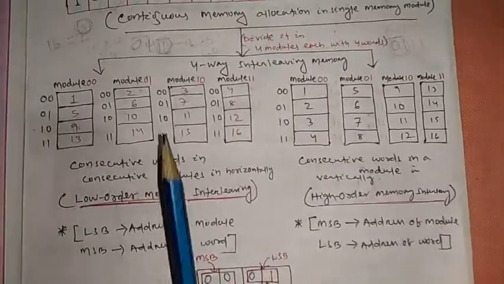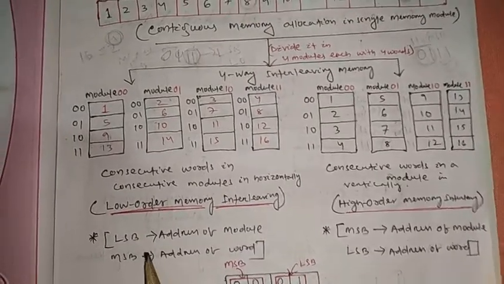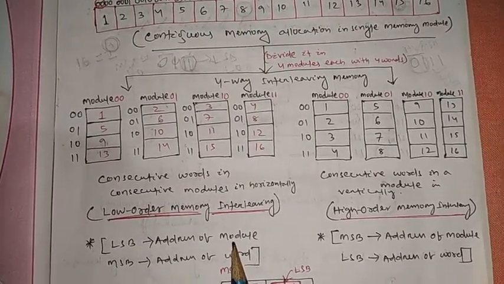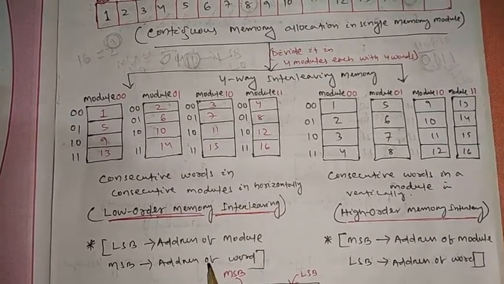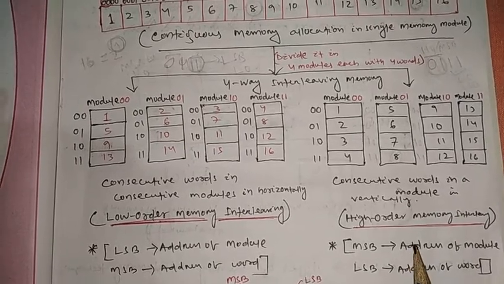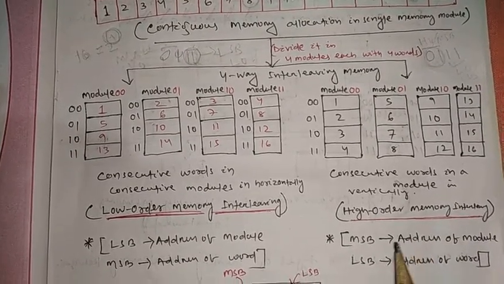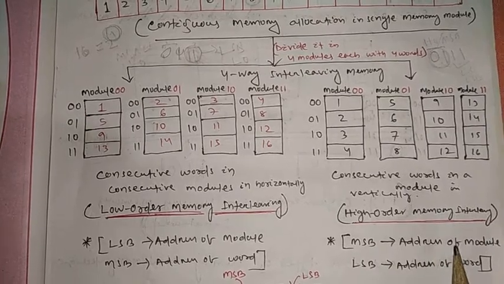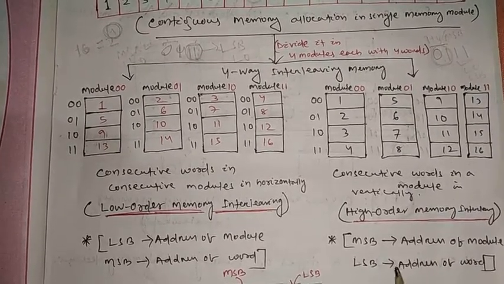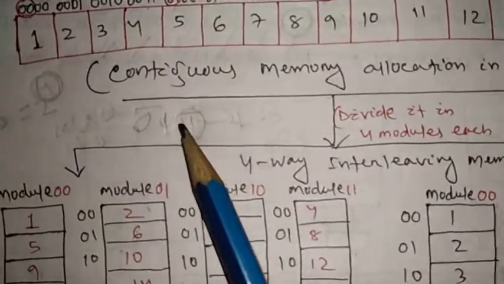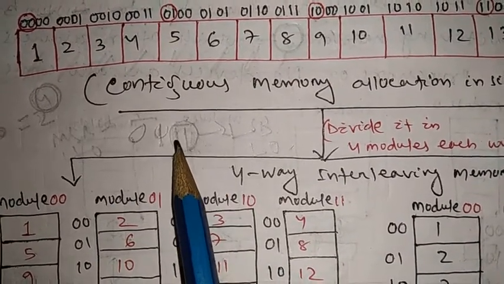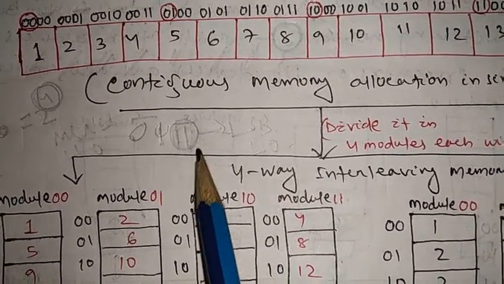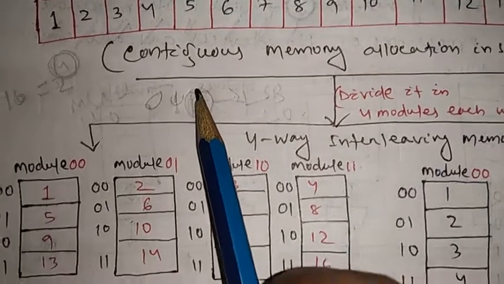In low order memory interleaving, the least significant bits are used as the address of the module, and the most significant bits are used as the address of words. Similarly, in high order memory interleaving, the most significant bits are used as the address of the module, and the least significant bits are used as the address of words. As an example, suppose this is location 8, 0 0 1 1 0 1. In low order memory interleaving, the last two bits are used as the module number.